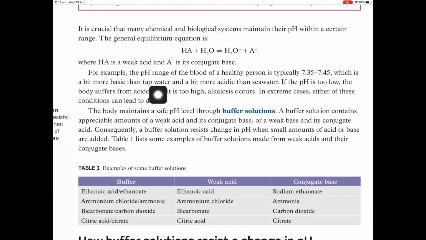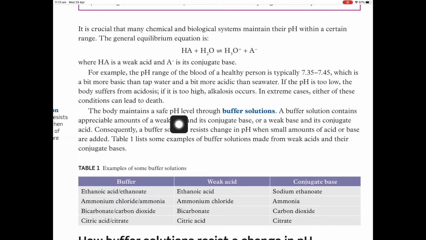So our blood is in between those pH ranges. If the pH is too low in our blood, the body suffers from acidosis, for obvious reasons. If it's too high, alkalosis. The blood becomes alkaline. In extreme cases, either of these conditions can lead to death.